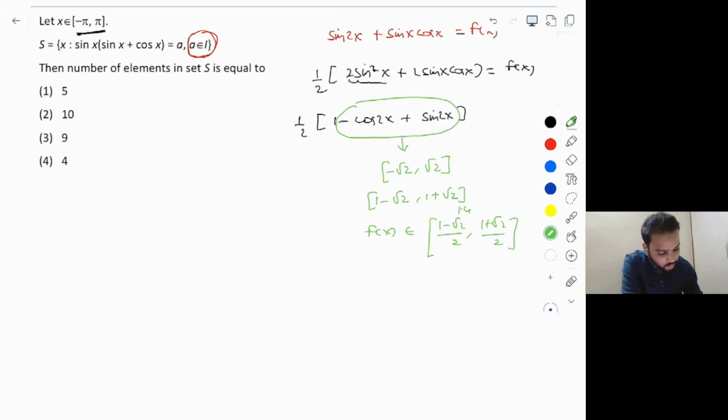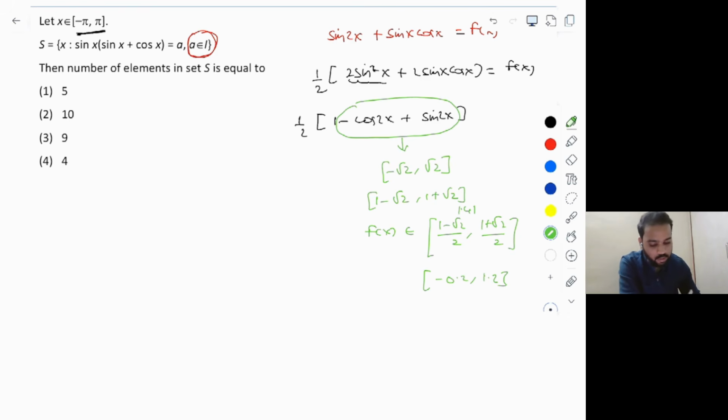And then this will be minus 0.41 by 2, which will be approximately, I'm writing the approximate values here, minus 0.2. And again, 1 plus 1.4 will be 2.4. 2.4 divided by 2 will be 1.2. Okay, so this is the approximate range of the left hand side trigonometric expression.